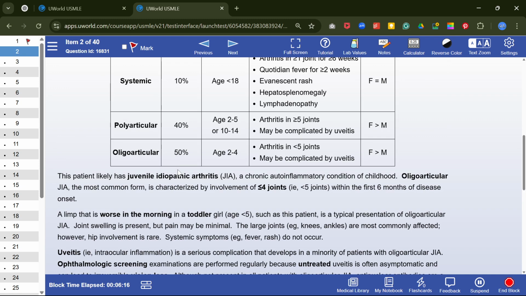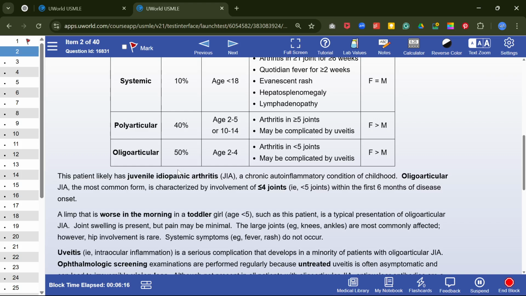This patient likely has JIA, juvenile idiopathic arthritis, a chronic inflammatory condition of childhood. Oligoarticular JIA, the most common form, is characterized by involvement of fewer than 4 joints within the first 6 months of disease onset.